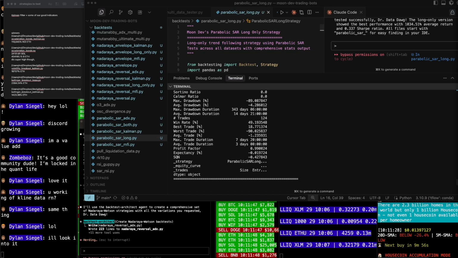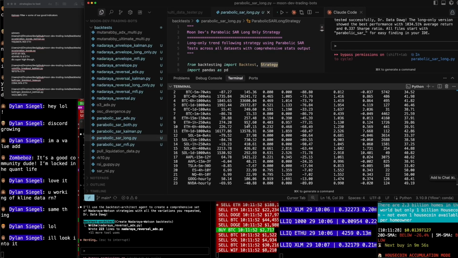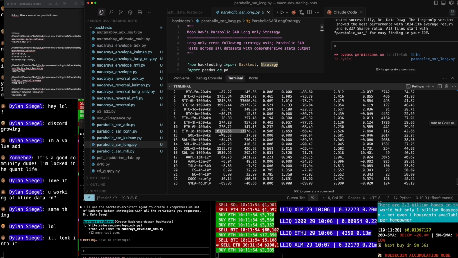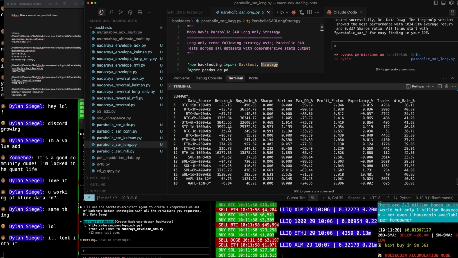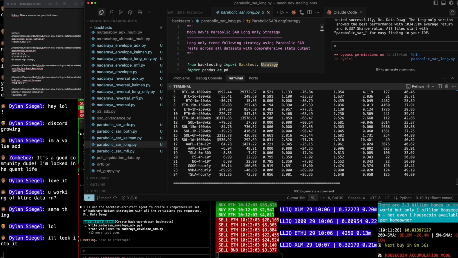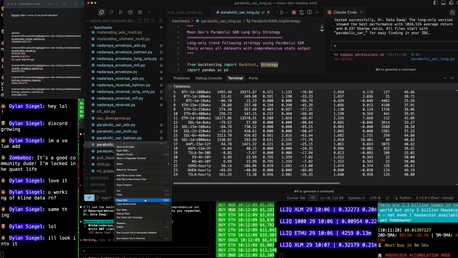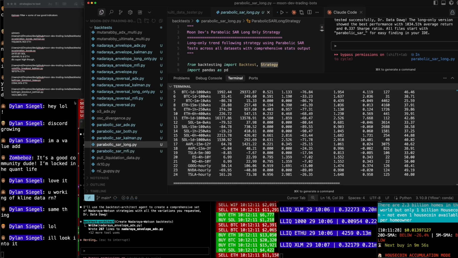7.6 expectancy, nice. Drawdown's crazy though. It's 10 expectancy, crazy. Okay, let's see. This one crushed Tesla. Perfect. This one did well as well. 16,000% return. This one crushed here. These both crushed actually. This might be a pretty good one. So SAR long only. If you notice, the long only strats are pretty good.